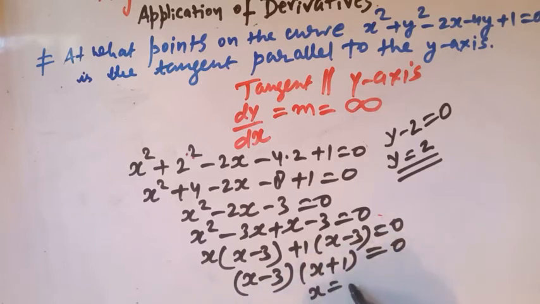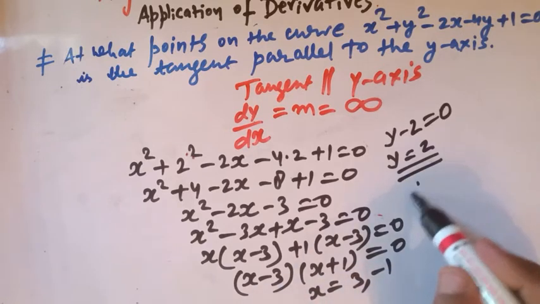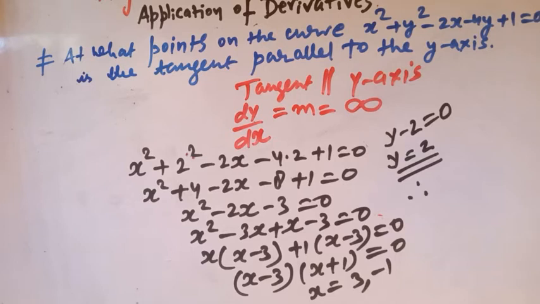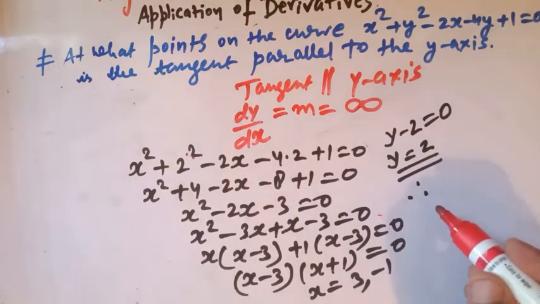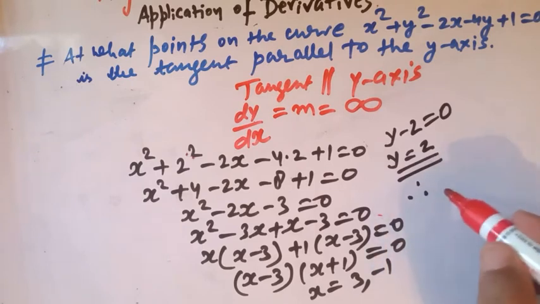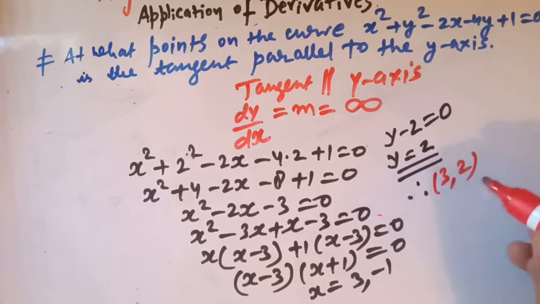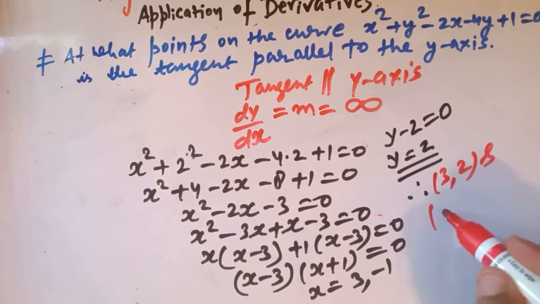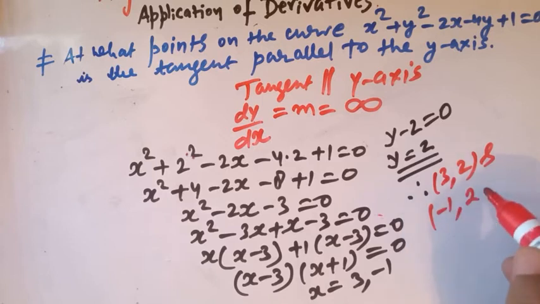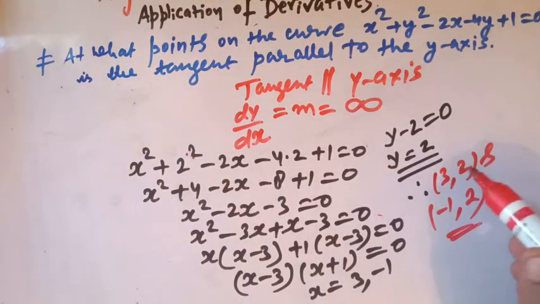So x is equal to 3 and minus 1. Clear? So therefore the required points are 3, 2 and minus 1, 2. Clear? So these are the two required points.